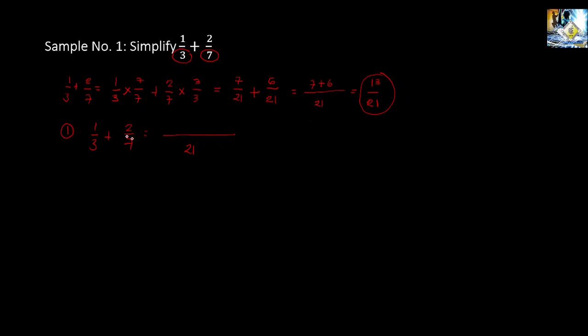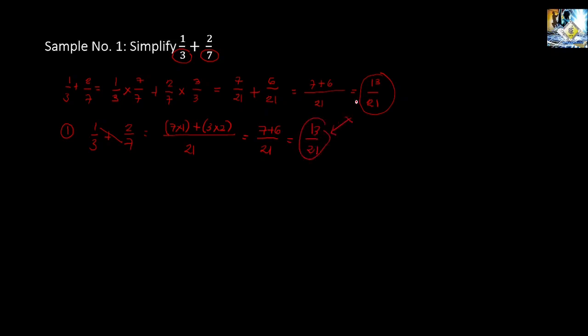So we multiply this one. That is 7 times 1, then plus 3 times 2. Moving on, that is 7 plus 6 over 21. So we have the same answer.